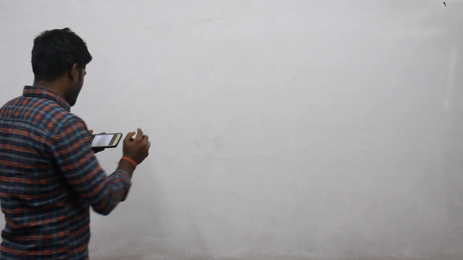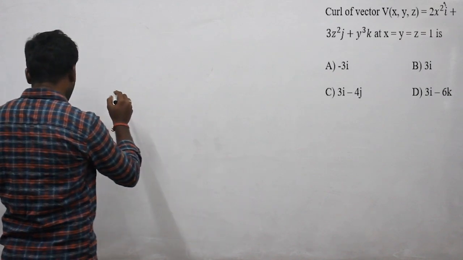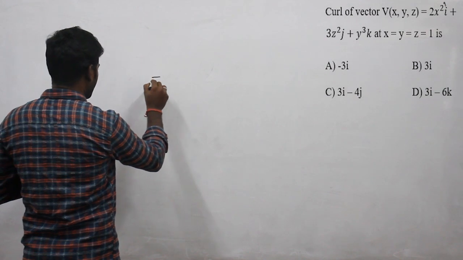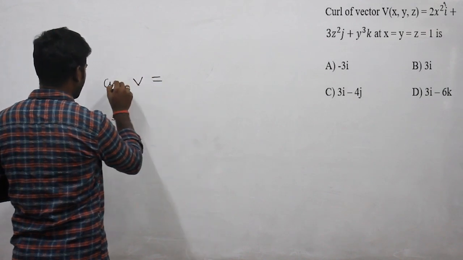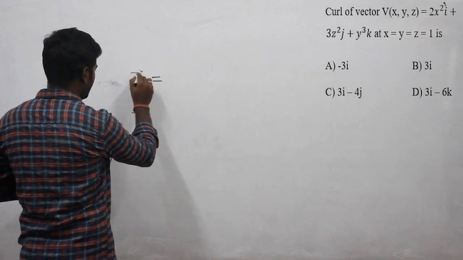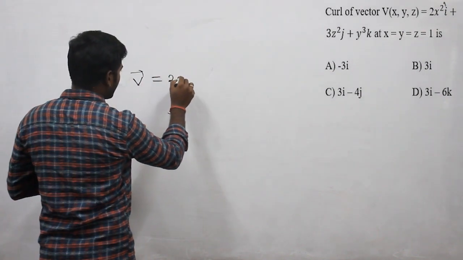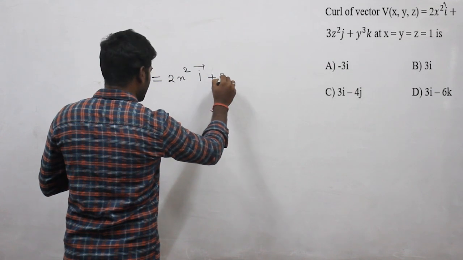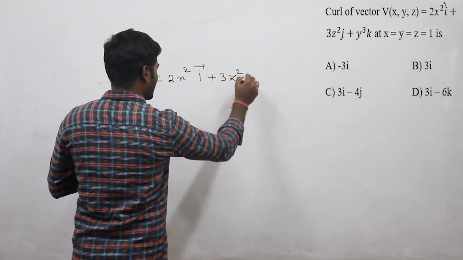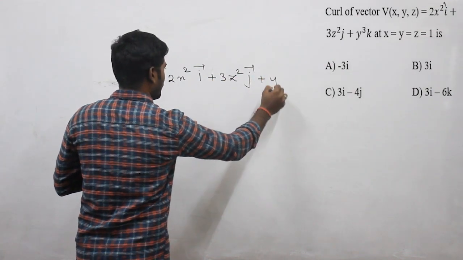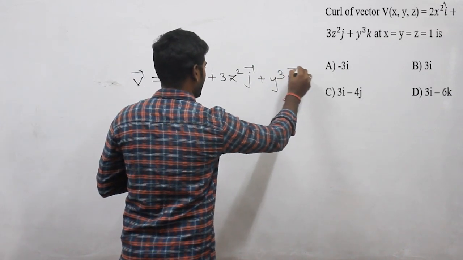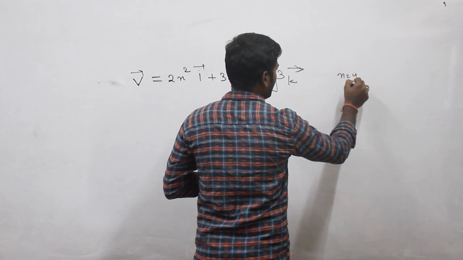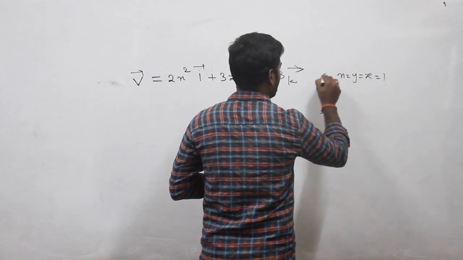Solution for 7th question. Curl of a vector v x comma y comma z is equal to v vector, curl of v vector, right? V vector equal to 2x square i vector plus 3z square j vector plus y cube k vector at x equal to y equal to z is equal to 1, right?